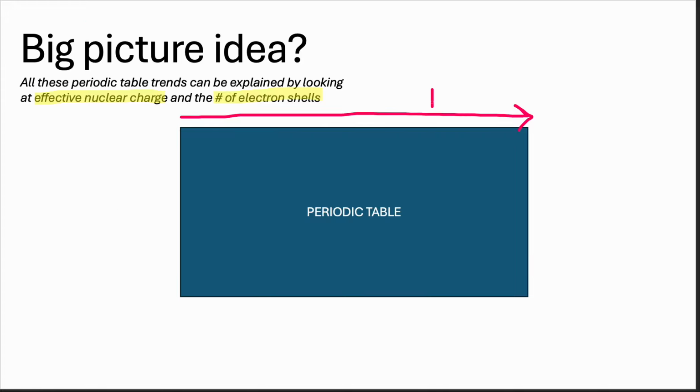And let me label that with ENC for effective nuclear charge. But here is the direction in which the number of electron shells increases. So I'll call that electron shells.